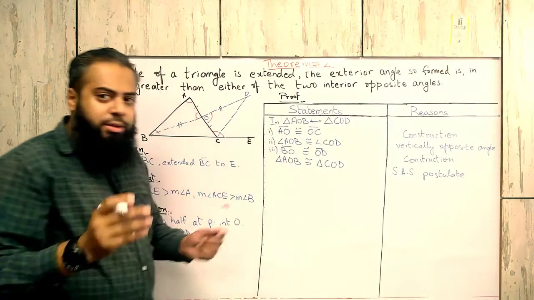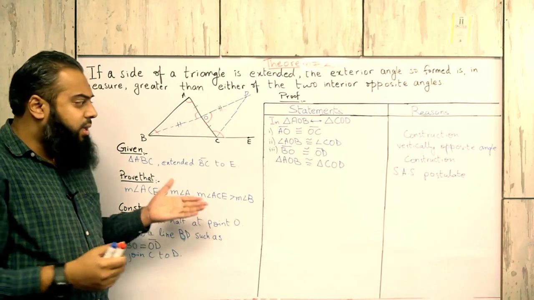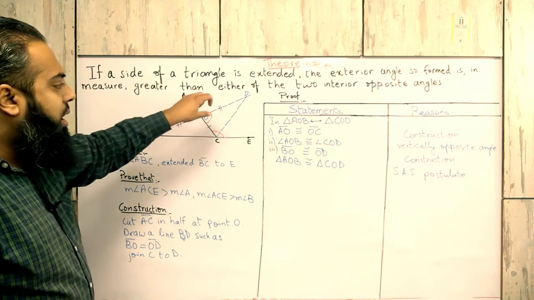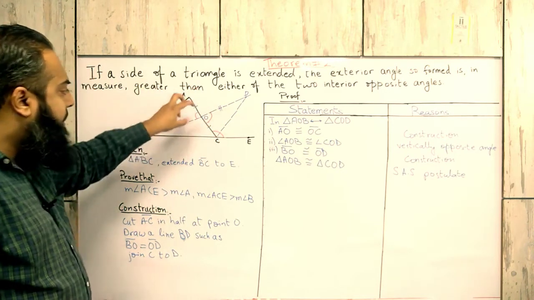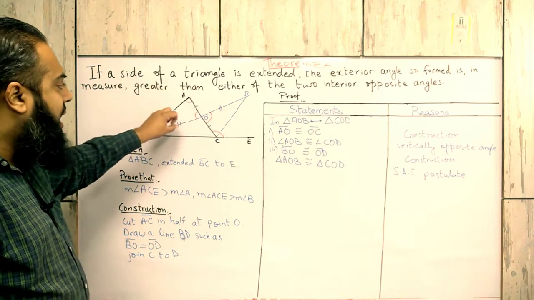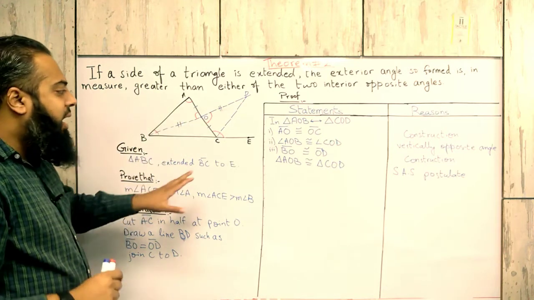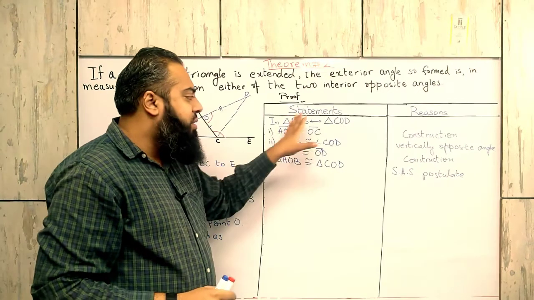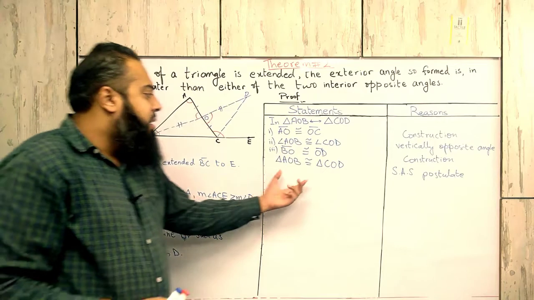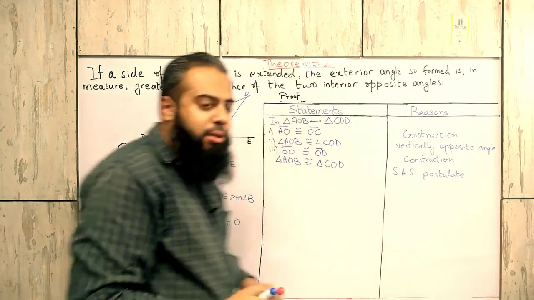Every triangle, students, has 3 sides and 3 angles. Therefore, combined, we can say that 6 things are mentioned in a triangle. And if any 2 triangles in correspondence with each other have any 3 things common, then these 2 triangles will be congruent to each other according to the side angle side postulate.